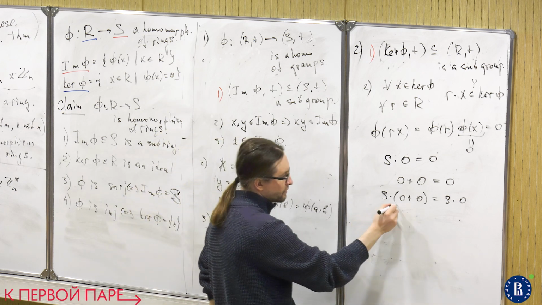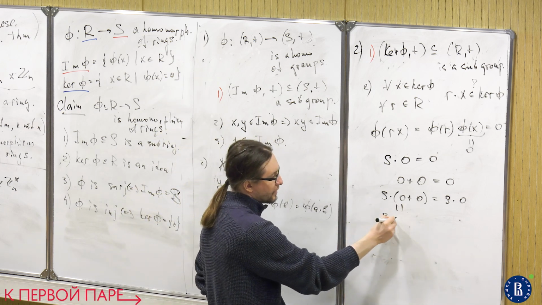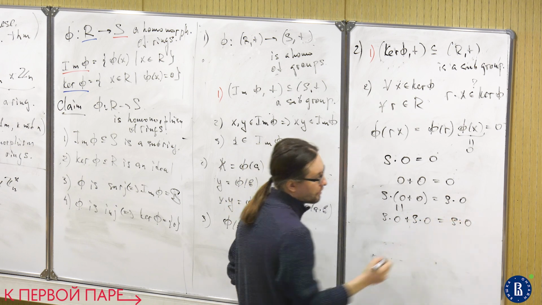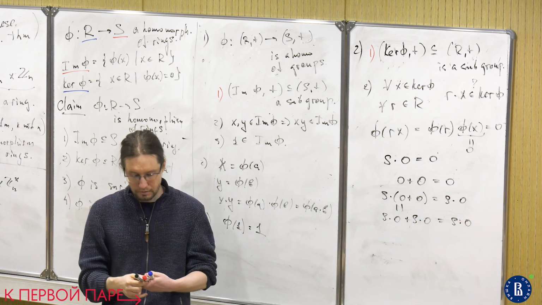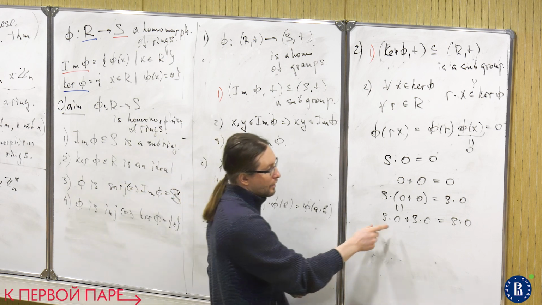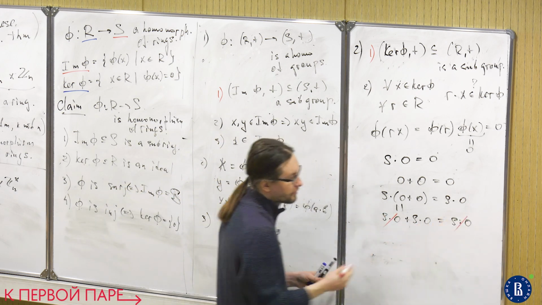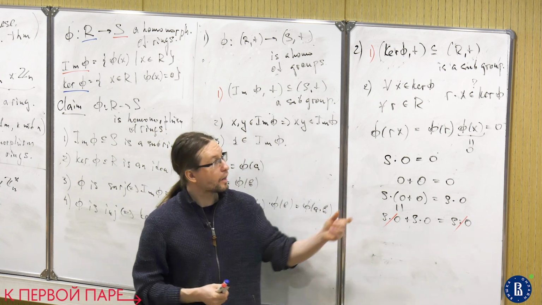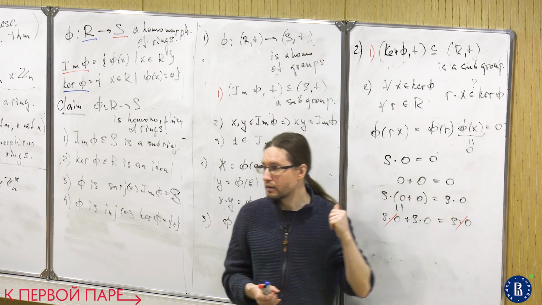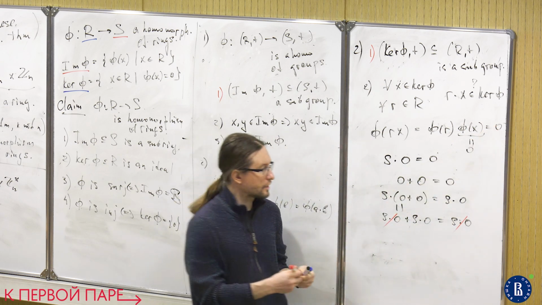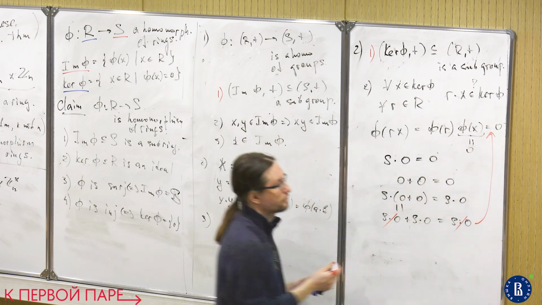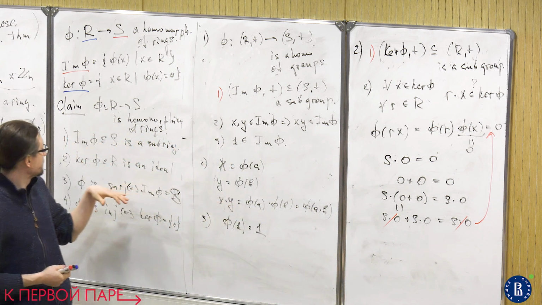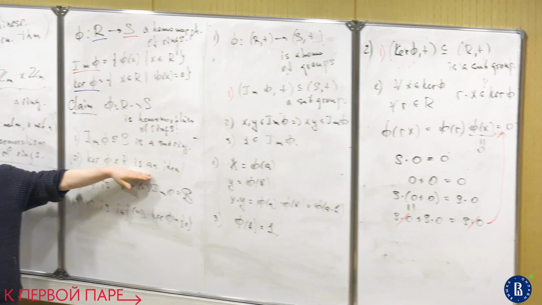By the distributivity law, the left-hand side is s times 0 plus s times 0, and it equals s times 0. Now you can subtract s times 0 from the left and the right-hand side, and you will get that s times 0 equals 0. So this explains why this is true. So now we're done. So the kernel is indeed an ideal.